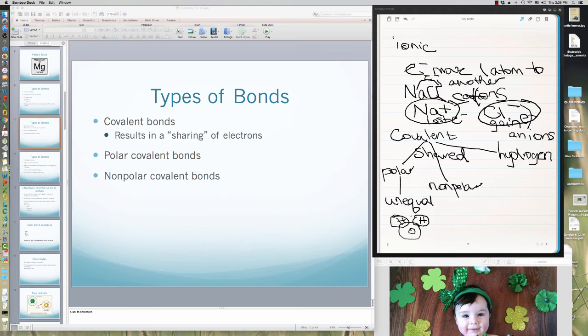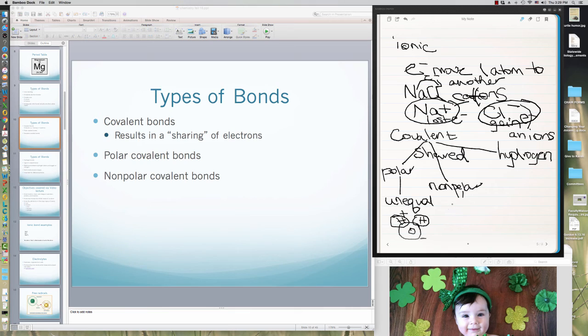So electrons are sort of moving all around this molecule, but if you imagine how much time the electron spends around the hydrogens versus the time the electrons spend around the oxygen, the electrons tend to spend a lot more time around the oxygen, which means the oxygen portion of this molecule tends to have a negative charge because there's more electrons on that side. And the hydrogen portion of the molecule tends to have a positive charge because the electrons spend less time there.